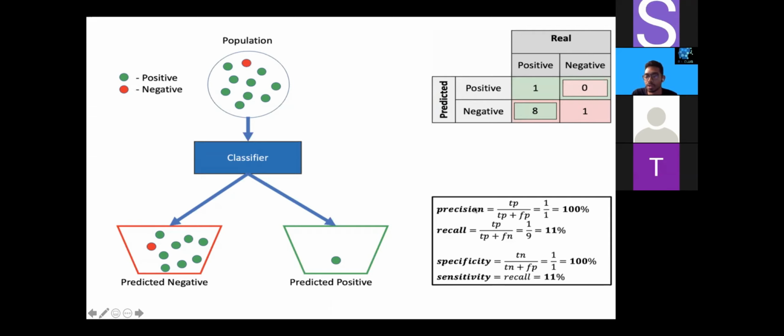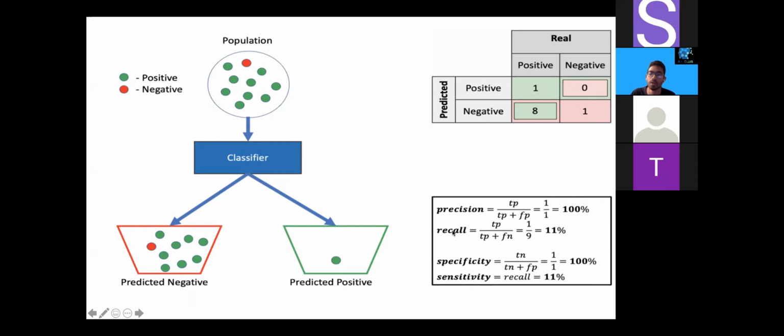So what is precision? Precision is, out of the values that you see in the right bucket, how many of them were actually correct. The model just predicted one value and that value was correct, right? It's actually a positive label and the model predicted correctly. So the precision you see here is 100%.